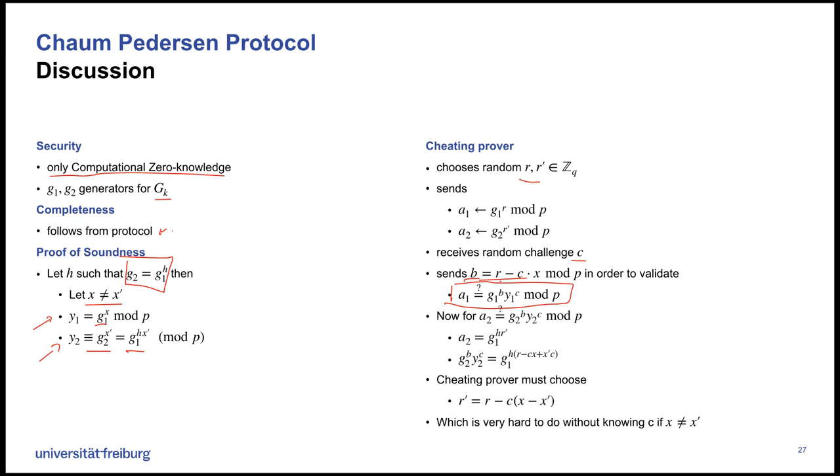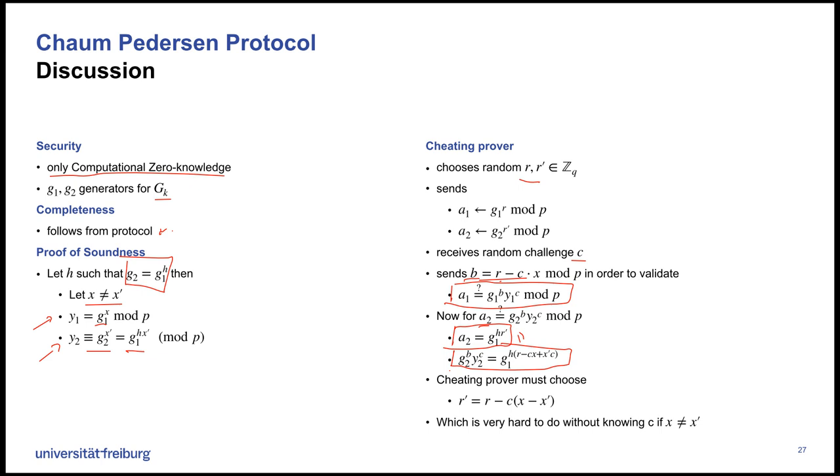Now for A2, what we get is that A2 is G1 to the H times R prime, and G2 to the power of B times Y2 to the power of C is this term here. Now I just pull out this H. So what we get is H times R prime. So these exponents have to be the same in order to pass the test.